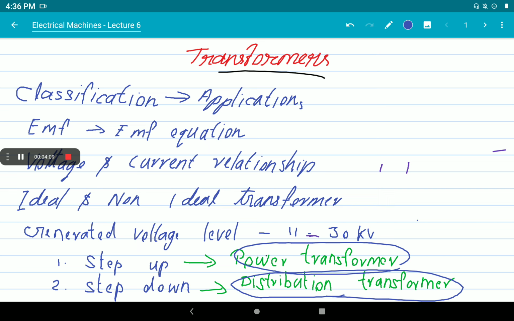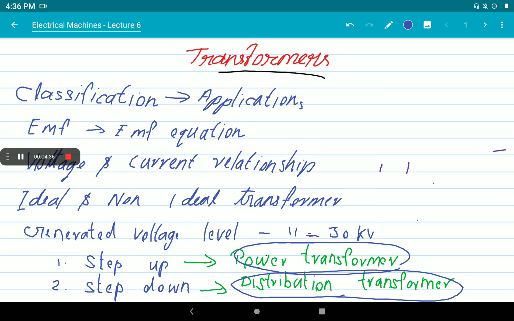A single phase system has only 2 wires, one phase and one neutral. But in a 3-phase system there will be 3 phase wires and one return path, only one neutral, or we can also work the 3-phase system without neutral. So for both systems we have 2 types of transformers, single phase transformer and 3-phase transformer.